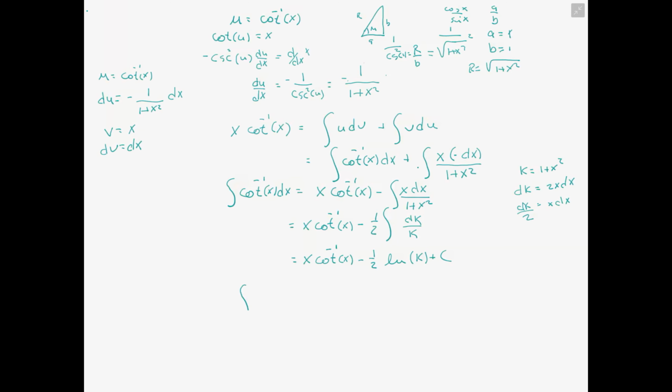Now we put our argument back in, and we have the integral of the arc cotangent of x dx equals x arc cotangent of x minus 1/2 the natural log of 1 plus x squared plus c. And that is our final result.